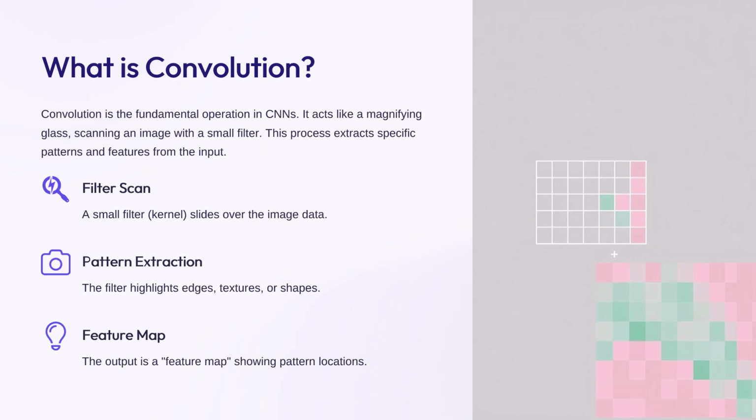The filter slides across the image looking at small parts like 3 by 3 or 5 by 5 areas of pixels. It picks out patterns like edges, corners, or textures. After scanning the whole image, it creates a new image called a feature map. This feature map shows where certain patterns appear in the original image. So in simple terms, convolution helps the computer see important patterns.